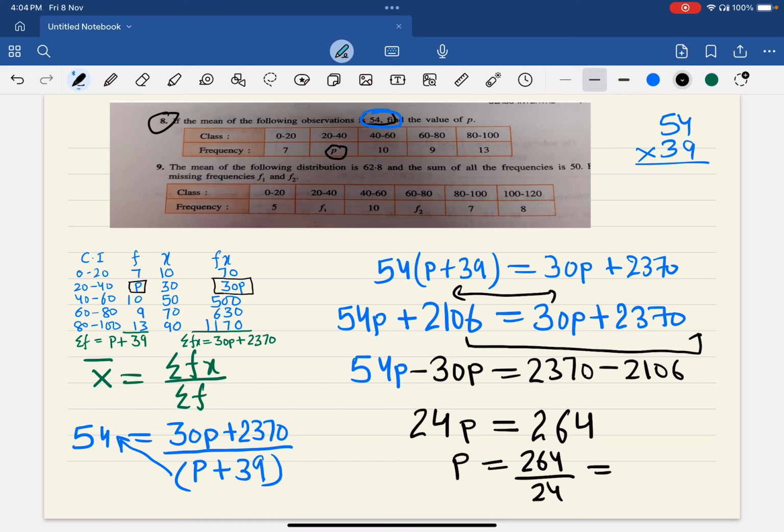You can simplify it: 24 times 11 is 264. So p is 11. Okay, I hope you have understood this part.